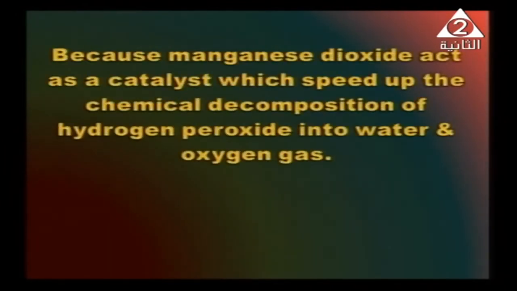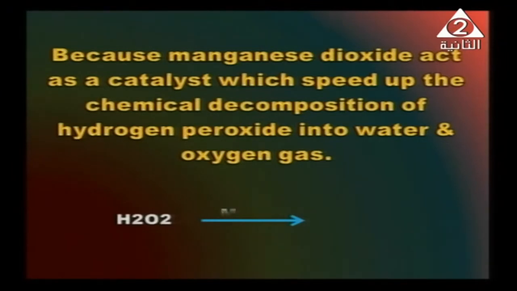The first answer is because manganese dioxide acts as a chemical catalyst which speeds up the chemical decomposition of hydrogen peroxide without being used or changed in mass, and produces water and oxygen gas. This is the equation.